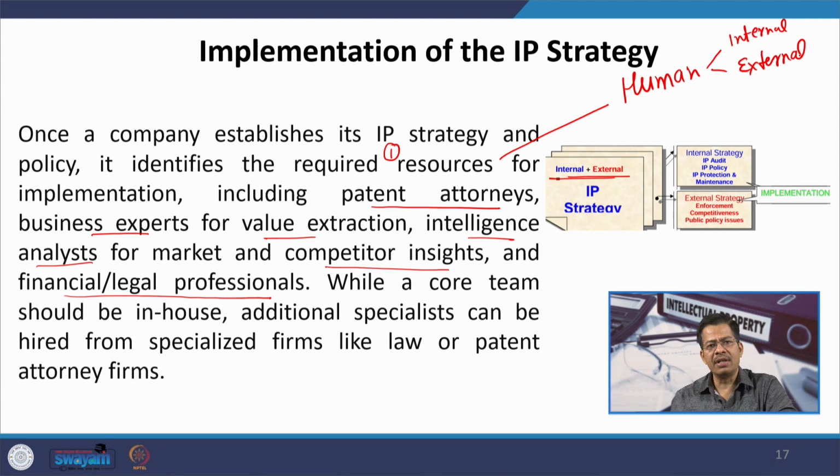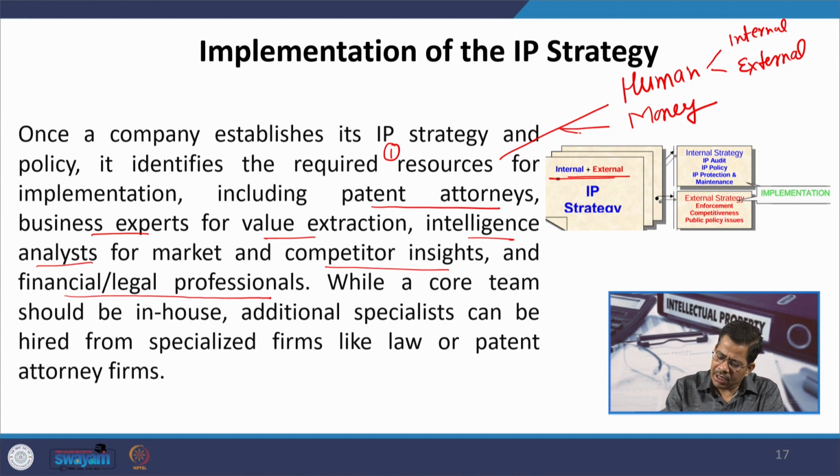Some of these professionals may be internal to your organization if you are a large organization, and some may be available to provide services to you on a payment basis. So, that is one important type of resource you need. The other type of resource is monetary resource. They will not be available to you for free, so they will need some funds. So, availability of money related resources is another important thing for the implementation.